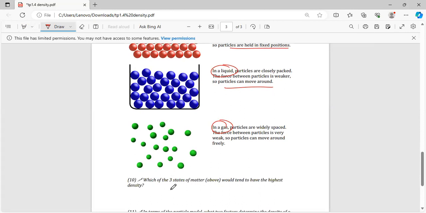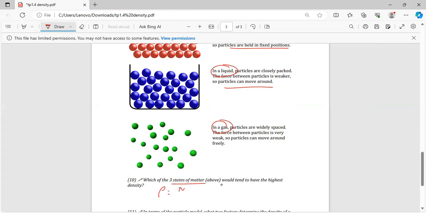Question number 10, which of the 3 states of matter above will tend to have the highest density? From the 3 states, the highest density means it has the largest amount of mass, which is the largest amount of particles in the same volume, right?